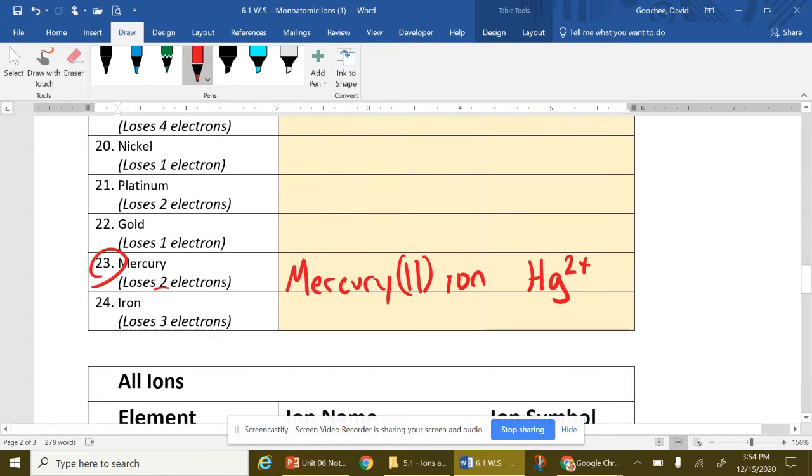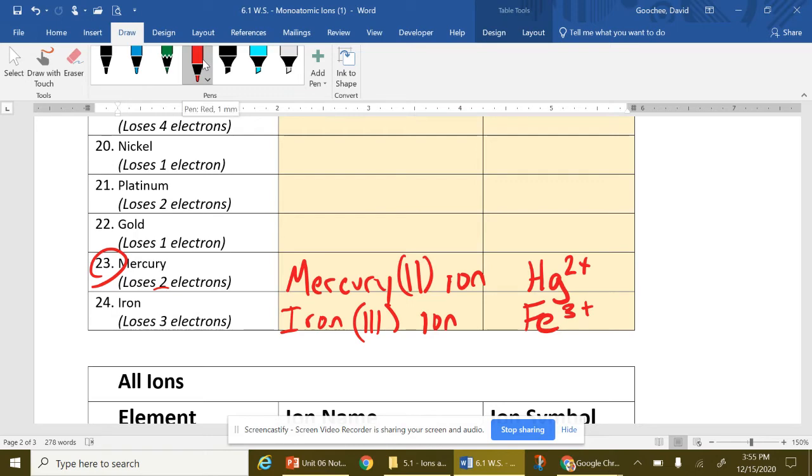Let's try another one. An iron that loses 3 electrons is an iron 3 ion, or Fe 3 plus. If you didn't know that iron was Fe or mercury was Hg, well then again, just look it up on a periodic table.